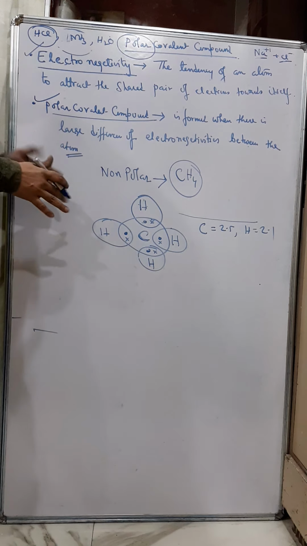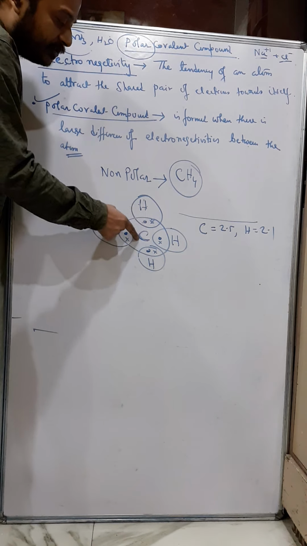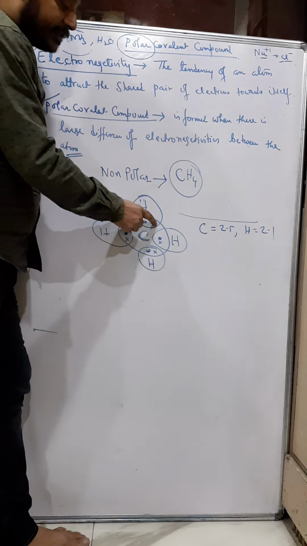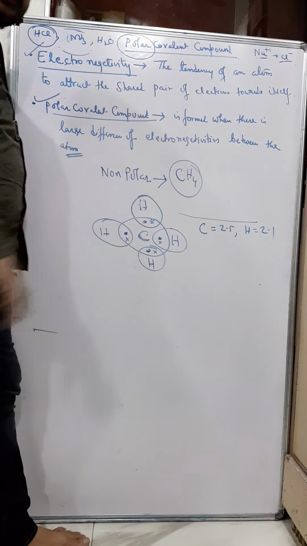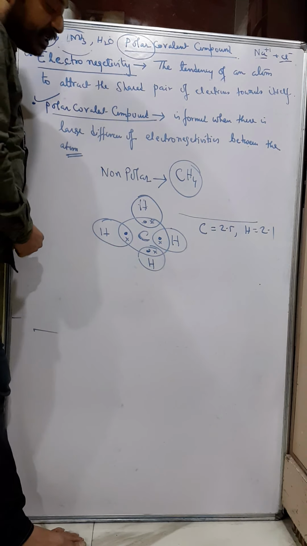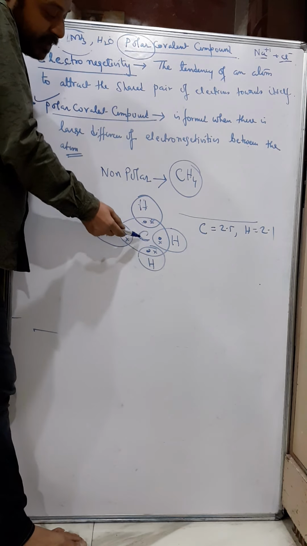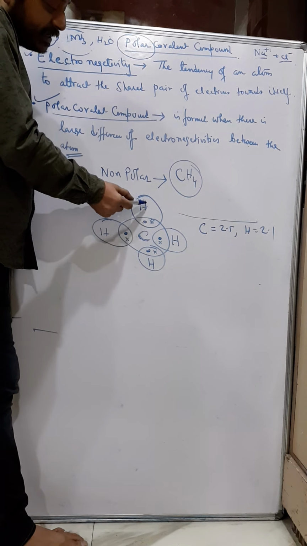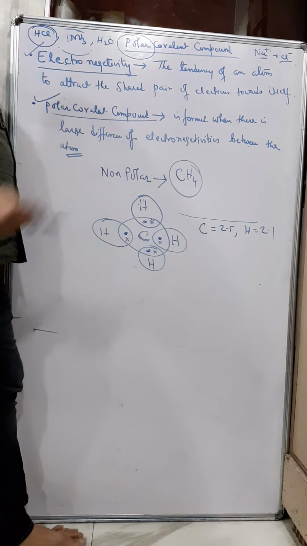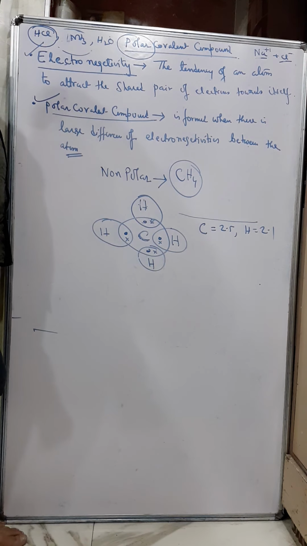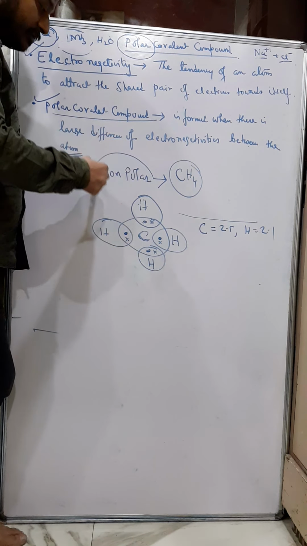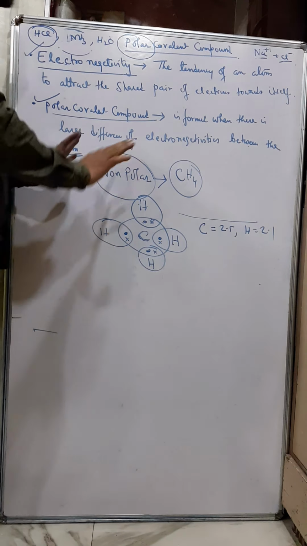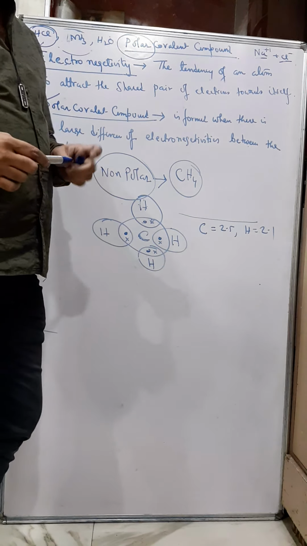So more or less carbon and hydrogen have the same tendency to attract electrons towards themselves. So this shared pair of electrons is as far from the carbon nucleus as it is from the nucleus of hydrogen. So this type of compound is called a non-polar covalent compound. Generally most of the covalent compounds are non-polar.